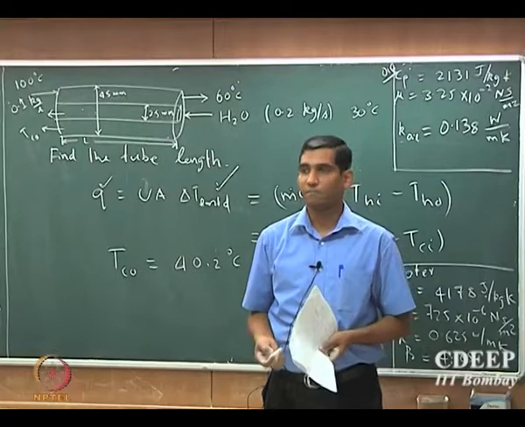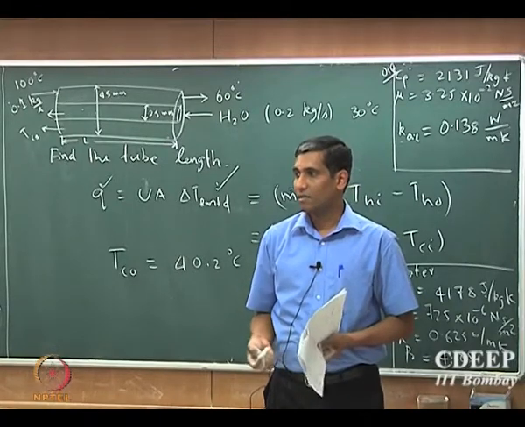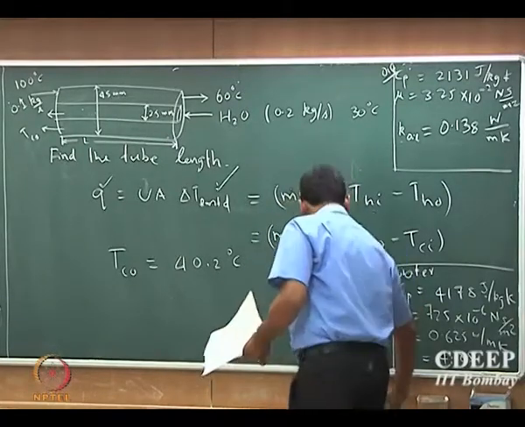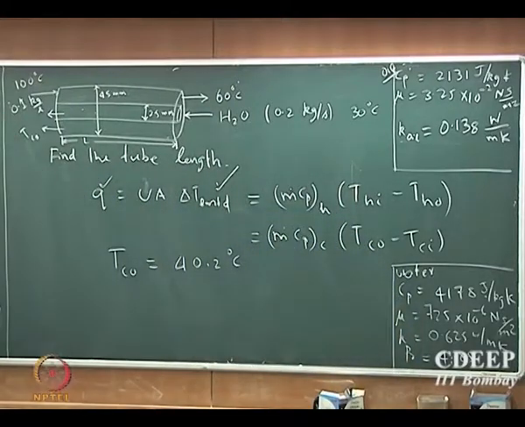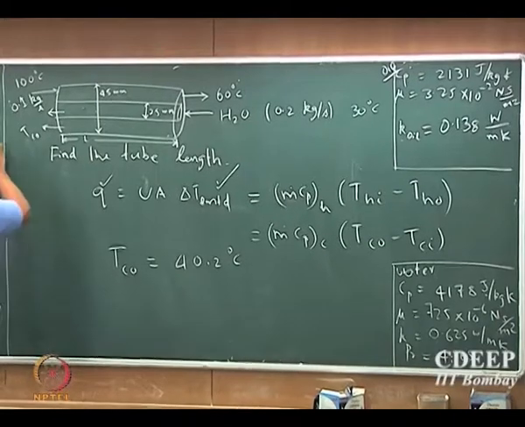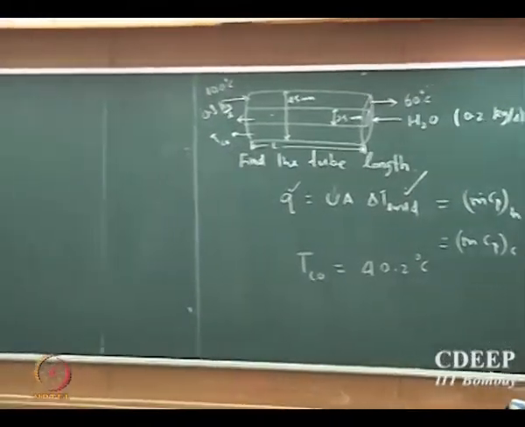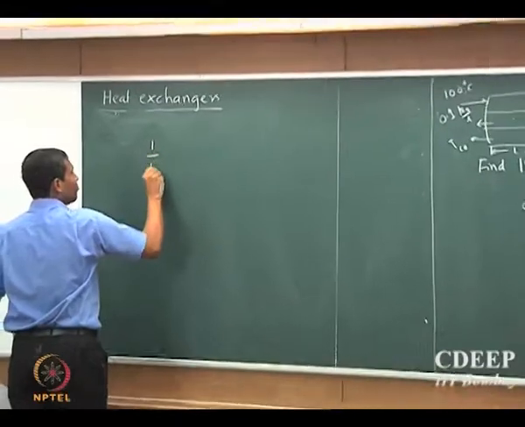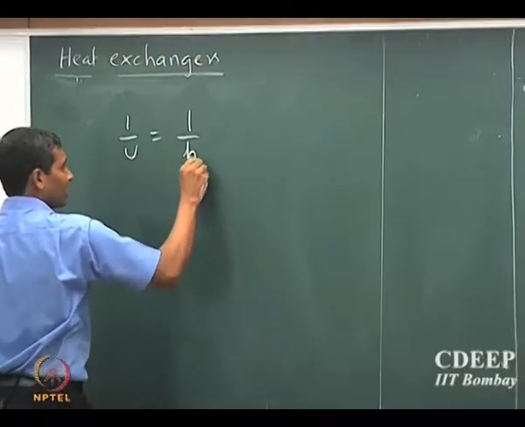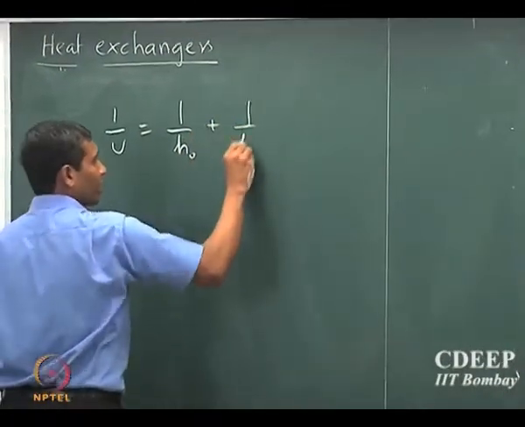How do we do this? So 1 over U is 1 over Ho plus 1 over Hi.